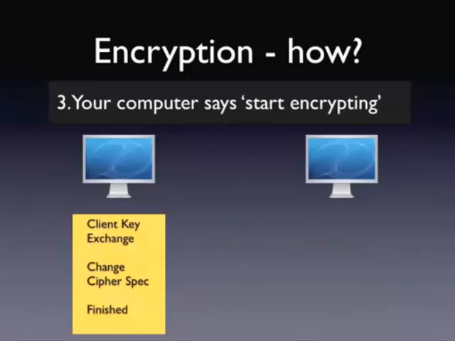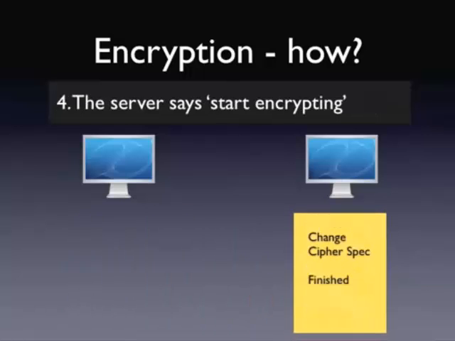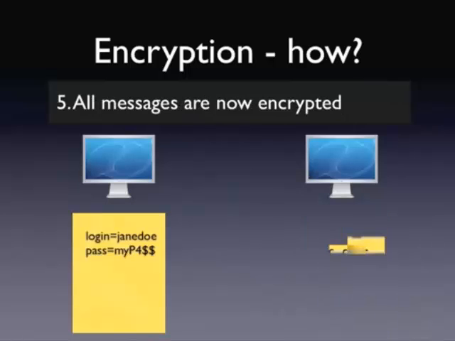The only thing is, when this message is sent to the client, it gets encrypted. So the finished message after the cipher spec is encrypted completely and gets back to the computer. Now all messages are encrypted.